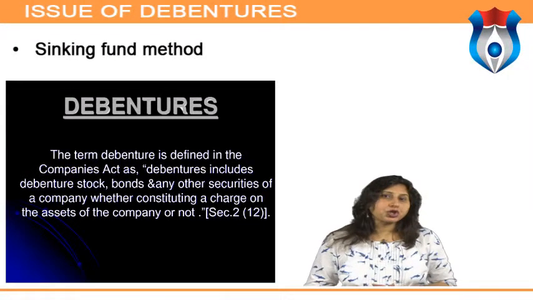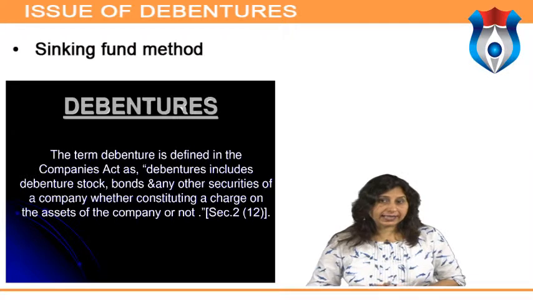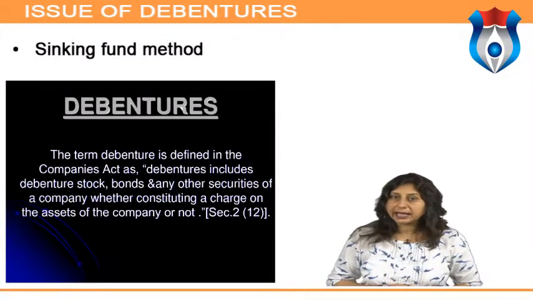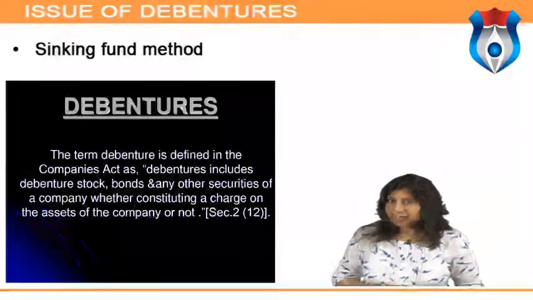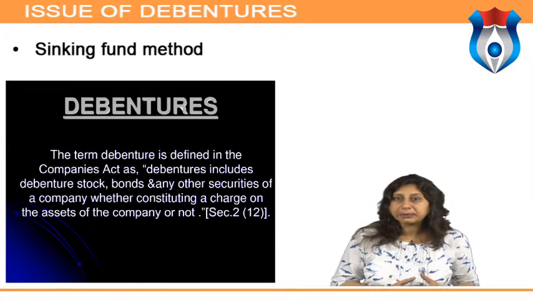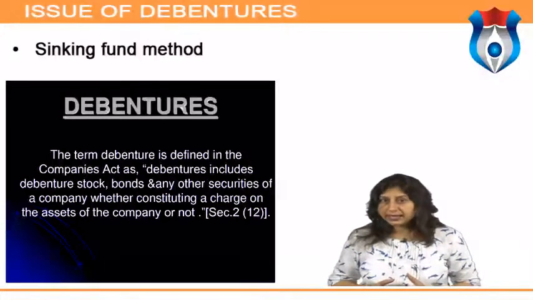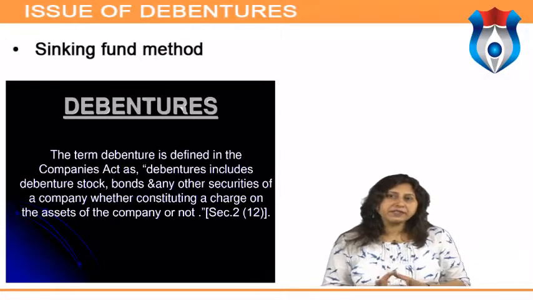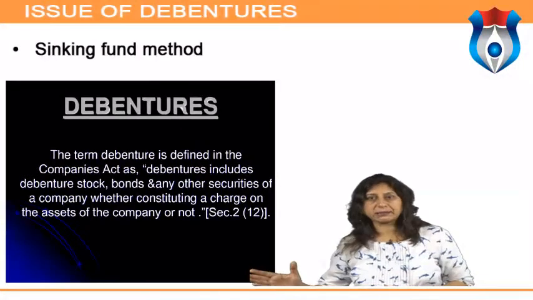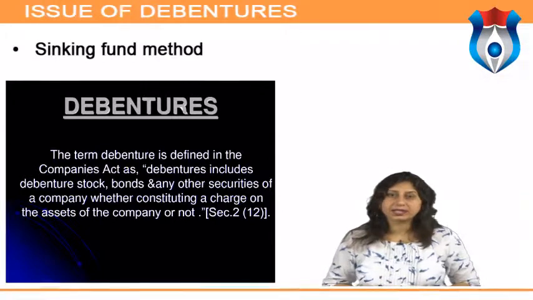Normally, a company ensures that an equal amount is set aside every year to arrange the necessary funds at the time of redemption. This is called the sinking fund method, according to which the company makes necessary arrangements: it sets aside a part of divisible profit every year and invests the same outside the business in marketable securities.